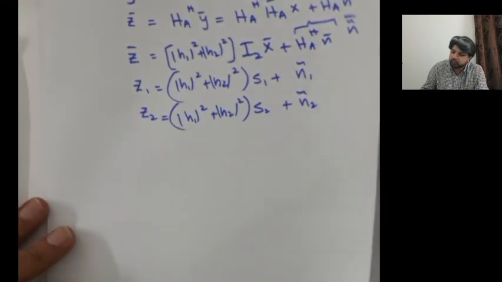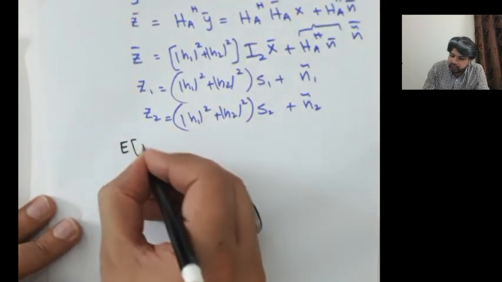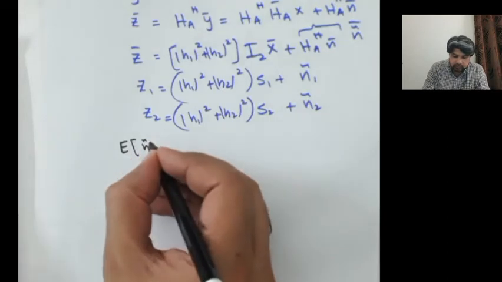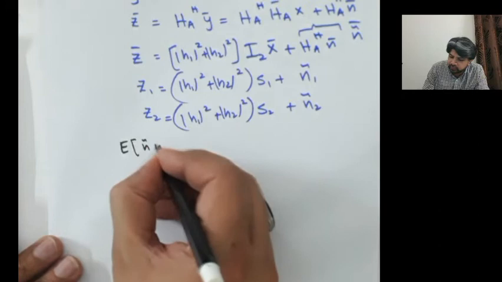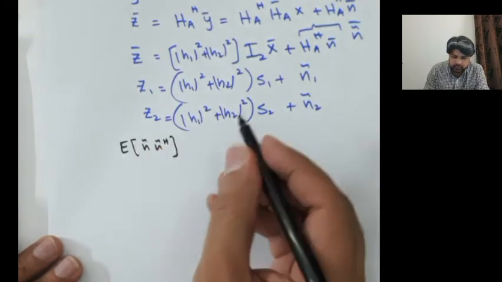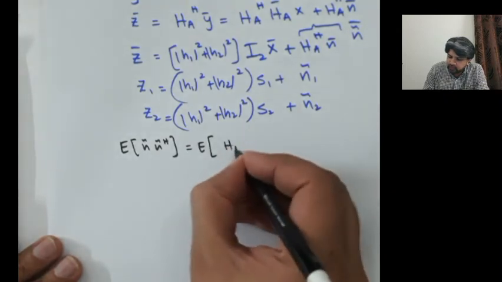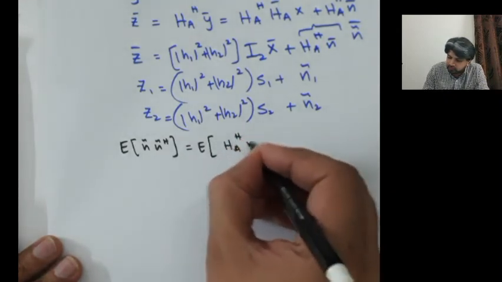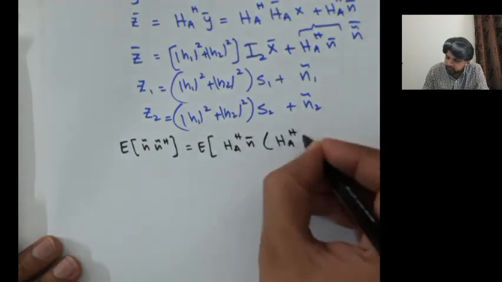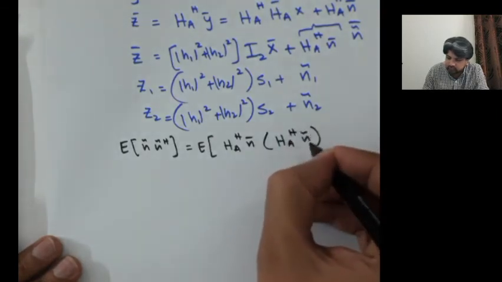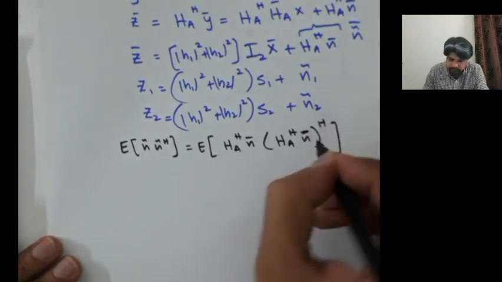So if you compute the covariance matrix, the expected value of n tilde times n tilde Hermitian, what would that be? That would be equal to the expected value of HA Hermitian times the noise vector, times HA Hermitian times the noise vector, and its Hermitian.